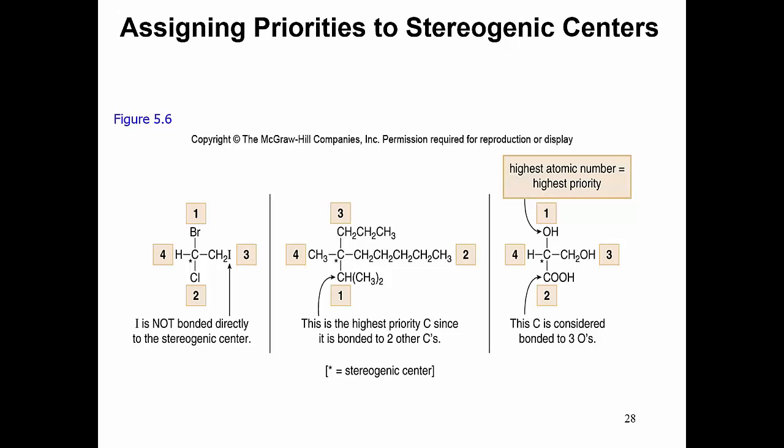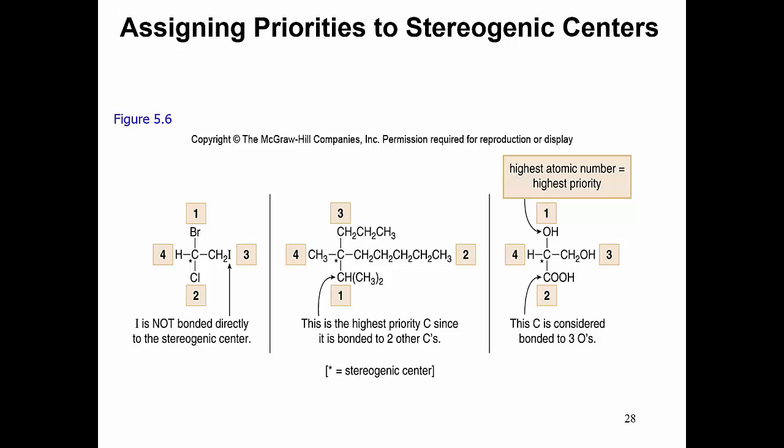Okay, so you have a methyl, a propyl, and a pentyl group. Pentyl, because it's got more atoms, is going to be priority 2. Then propyl will be 3, and methyl is the smallest, so it's going to be priority 4. You see that?